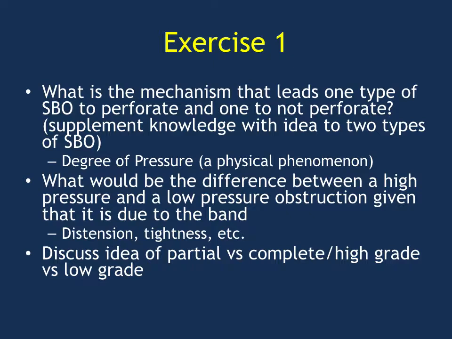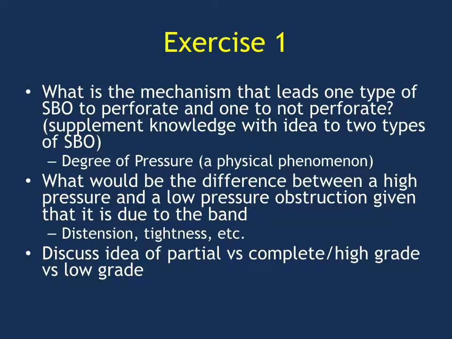In general, we usually think of small bowel obstruction in two different categories, and we want them to come up with a physical reasoning for this, and hopefully they can use what they have learned from Module 1 and come up with the idea as they go down the mechanism, how it actually occurs: the obstruction, the distension, and the vital step being this compromise of our mucosal integrity, the barrier mechanism, because of ischemia. They'll be able to articulate that it is the degree of pressure, a physical phenomenon, that distinguishes a dangerous small bowel obstruction from not a dangerous small bowel obstruction.